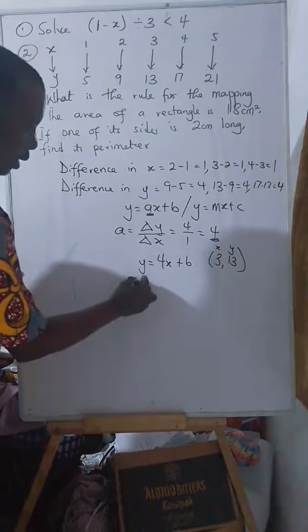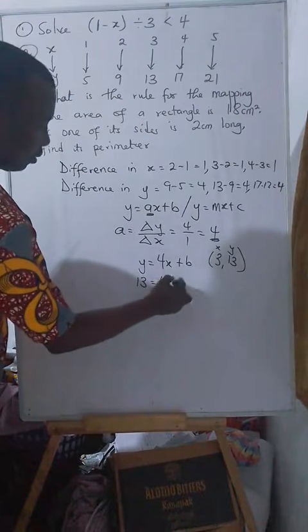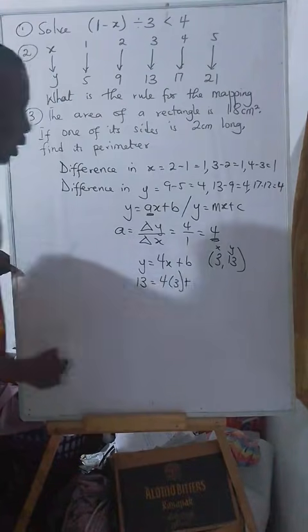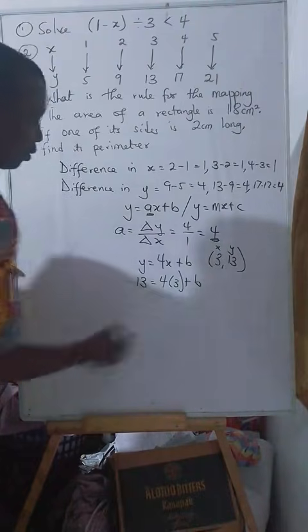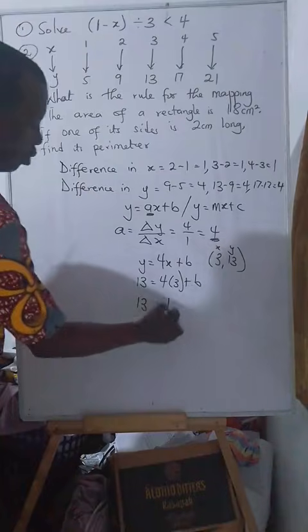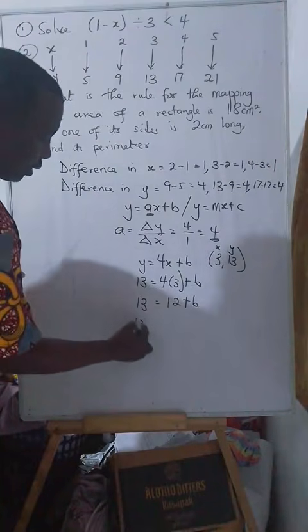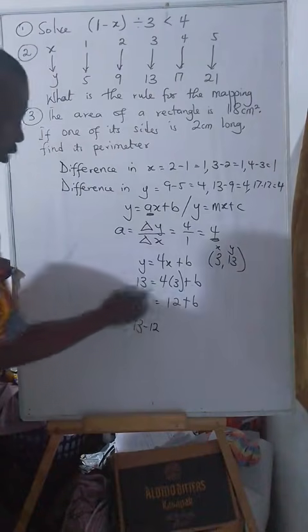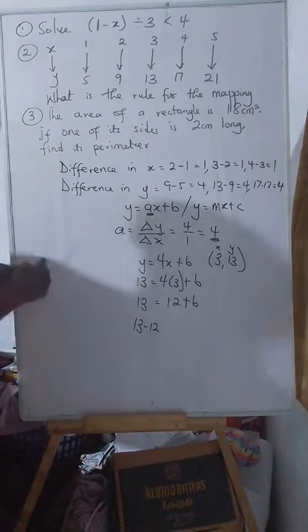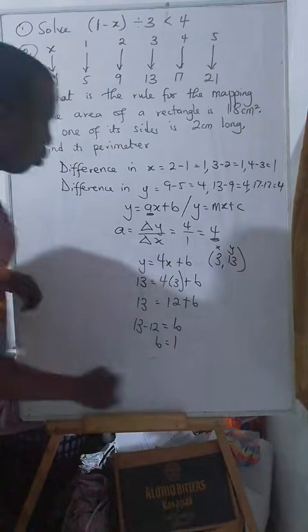So y is 13, then 4 times x, x is 3, plus b. So 13 is 4 times 3, 12 plus b. So it will be 13 minus 12. That is to transfer the 12 from the right to the left, leaving the b there. So your b is 1.